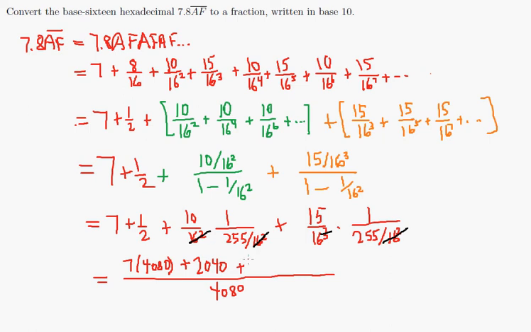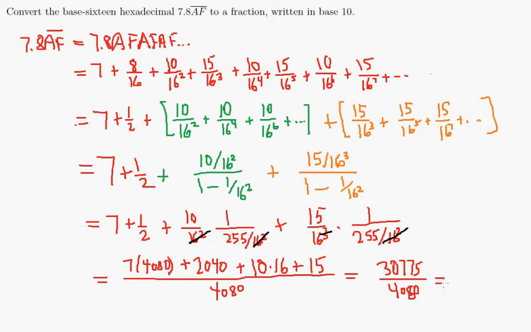This next bit I've got 10, and then I need to multiply that by 16 to get 160 over 4,080. And then finally the last part is 15. And so finally we get our answer to be 30,775 over 4,080, written in ordinary base 10.